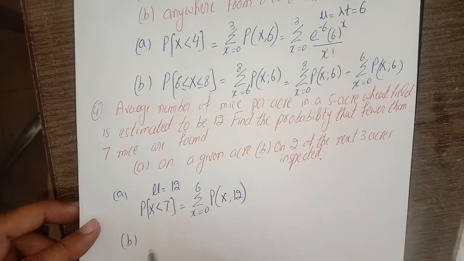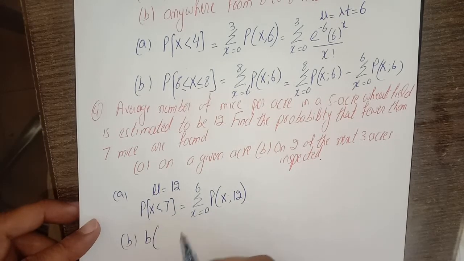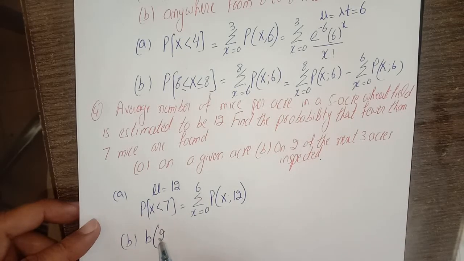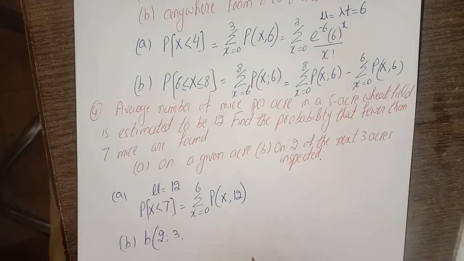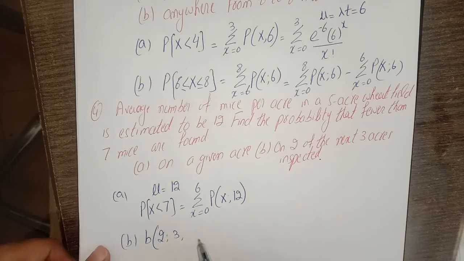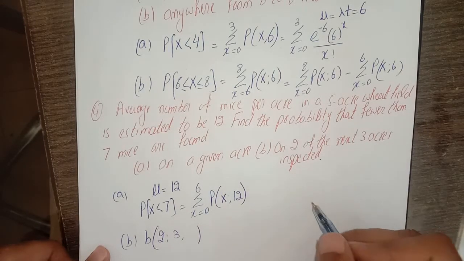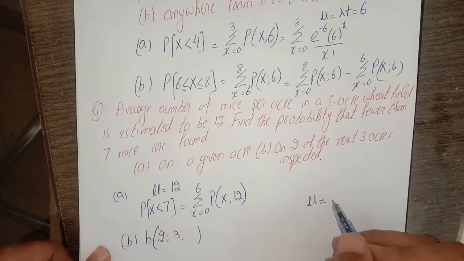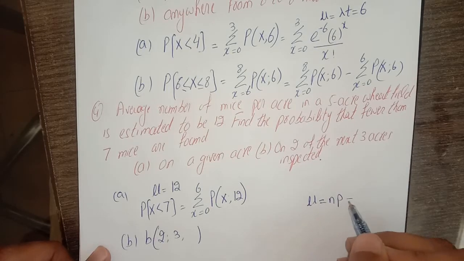For part B, it would be b of x, where x is 2 of the next, right? It should be 2, and n is 3, and you need to find this probability of success. This mu is given as np, right? np or lambda t.